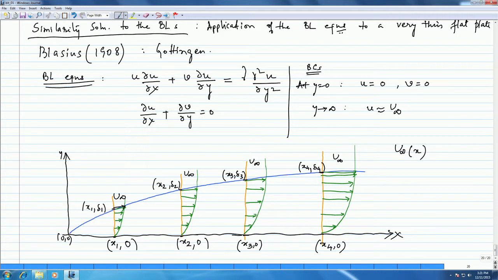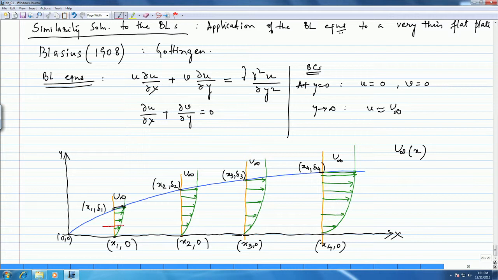What I will do is take, let us consider these two distances from the x axis. Now, let us consider this location.